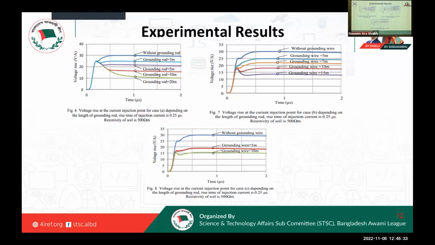It's effective but not as effective as compared to the short grounding conductor. So what we found here is that for low resistivity soil, it's better to use several short grounding rods instead of one long grounding conductor in order to reduce the transient overvoltage rise in the wind turbine grounding system due to lightning.